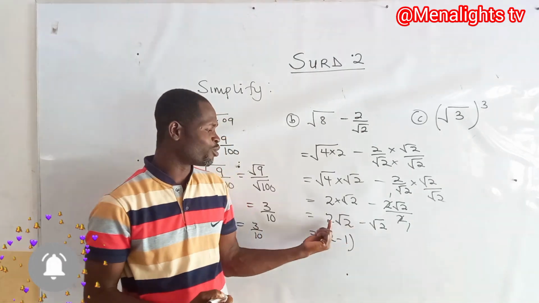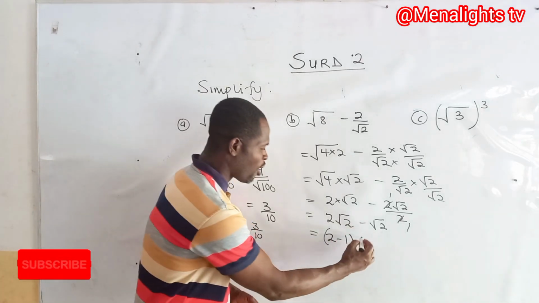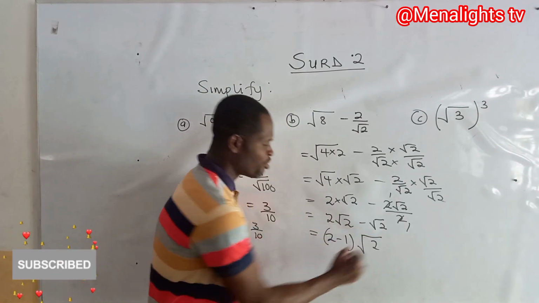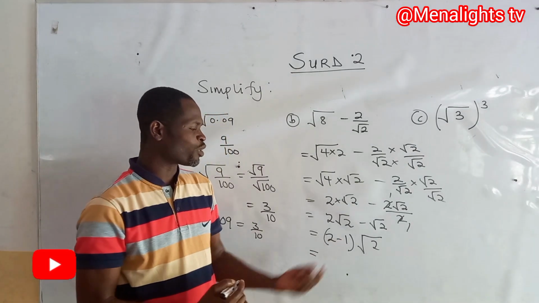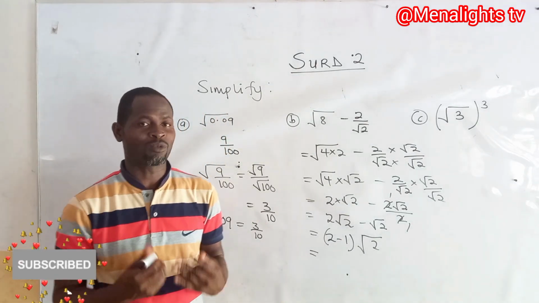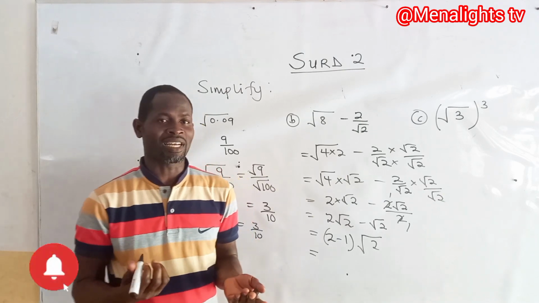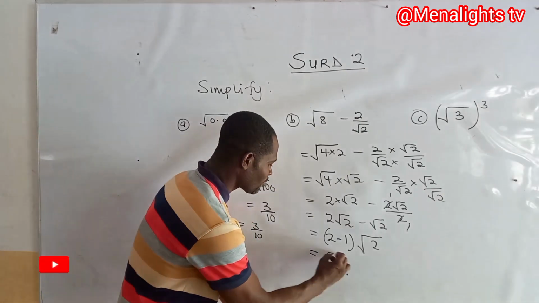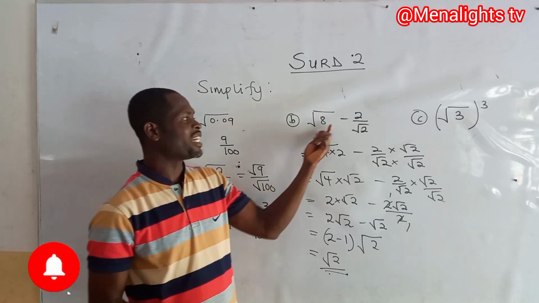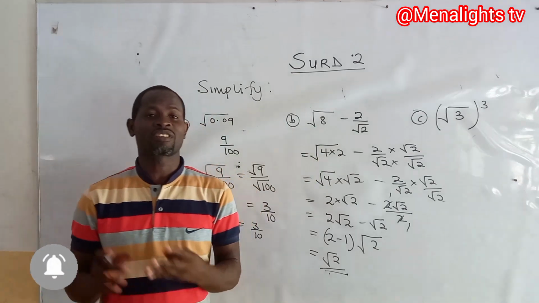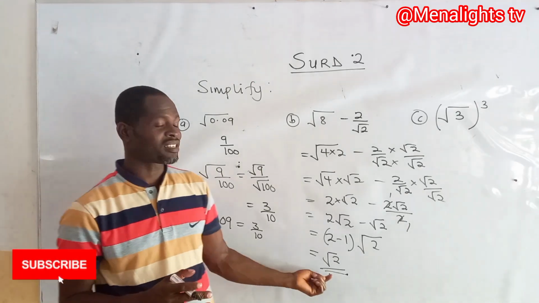So that's why you have the 2 minus 1 all into root 2. Then 2 minus 1 will give us 1. And then 1 times root 2 is the same as root 2. So which means that the root of 8 minus 2 divided by root 2 is the same as root 2.